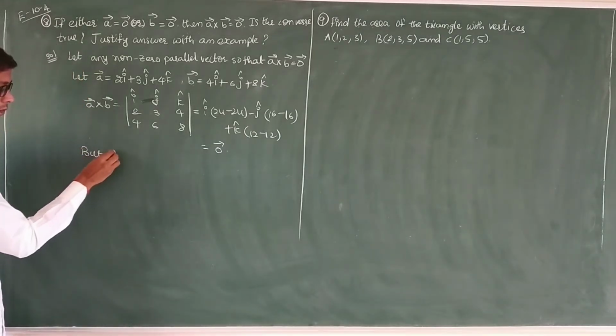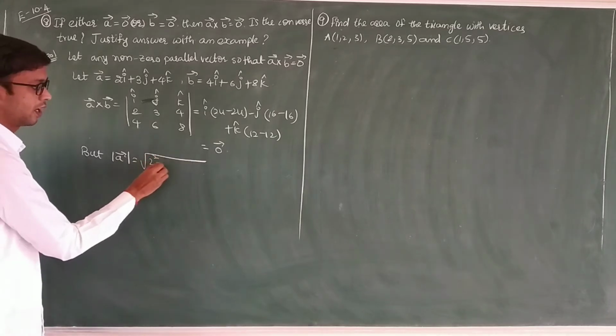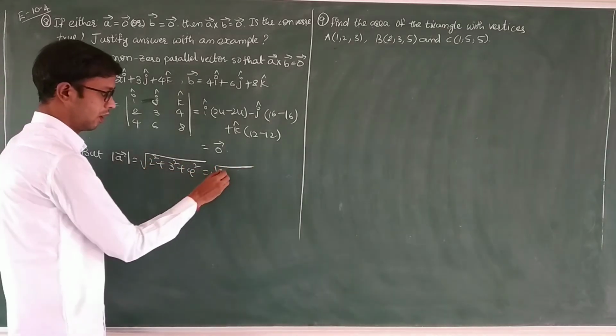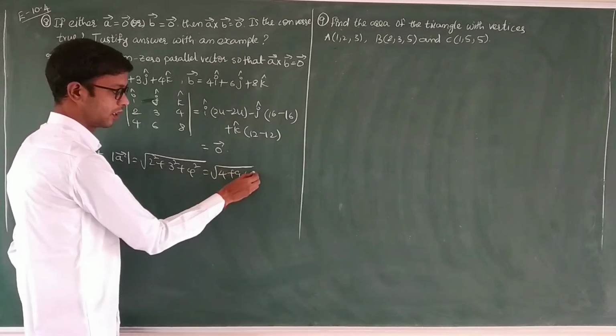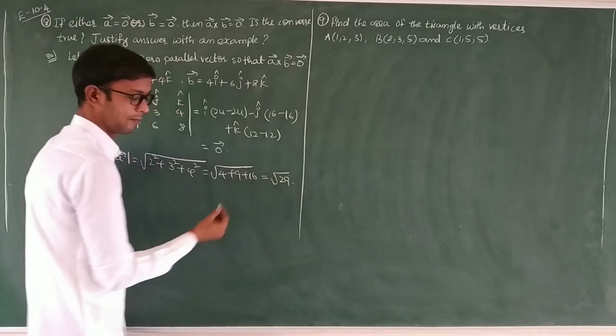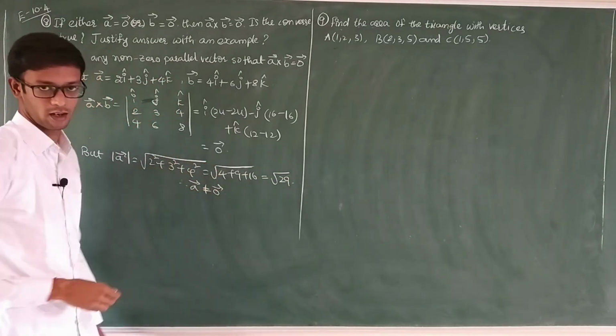But the magnitude of A bar is equal to root of 2 square plus 3 square plus 4 square, 4 plus 9 plus 16, root 29. Therefore, A bar is a non-zero vector.